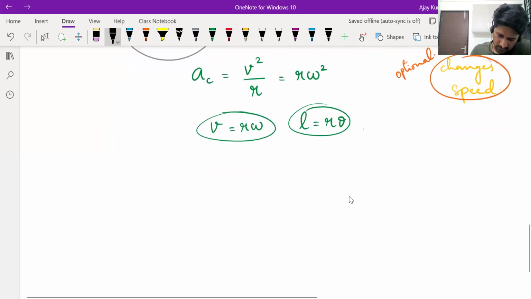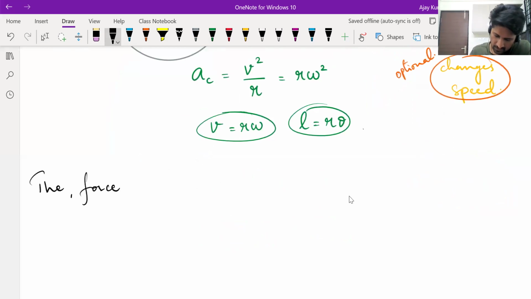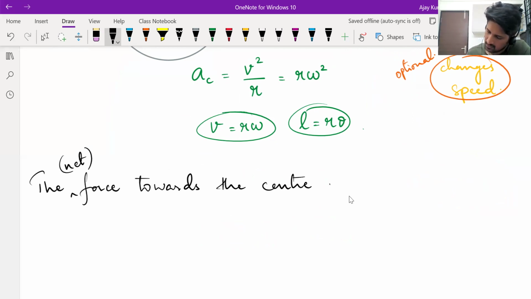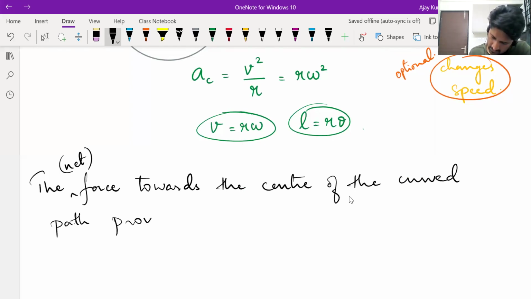The force, or I should say the net force towards the center of the curved path provides centripetal acceleration.